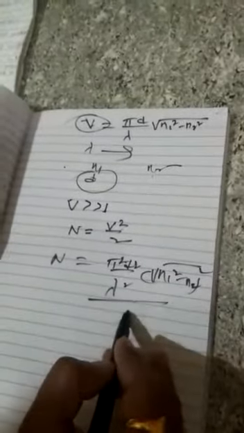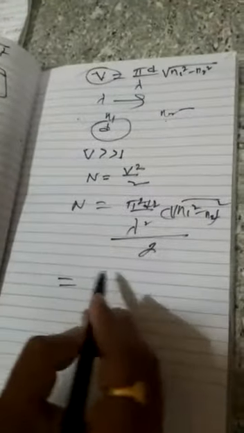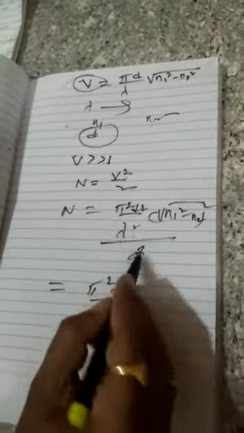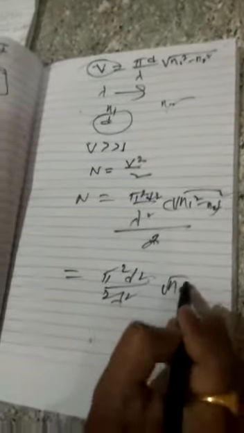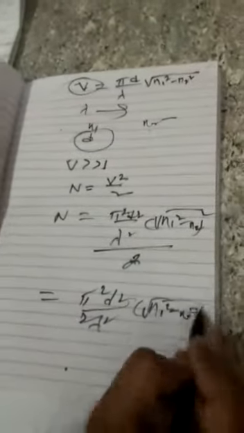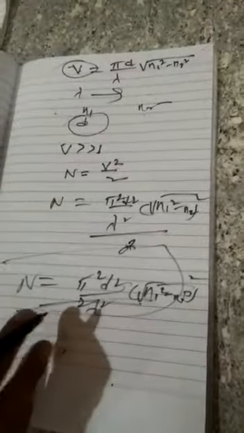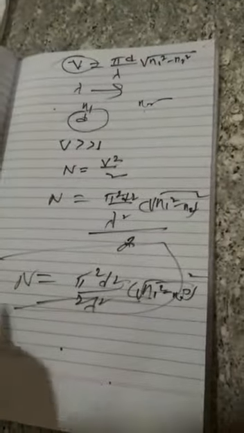Divided by 2, this can be simplified as pi square d square by 2 lambda square into n1 square minus n2 square, whole square. This is the formula for finding the number of modes. This concludes the number of propagation modes.